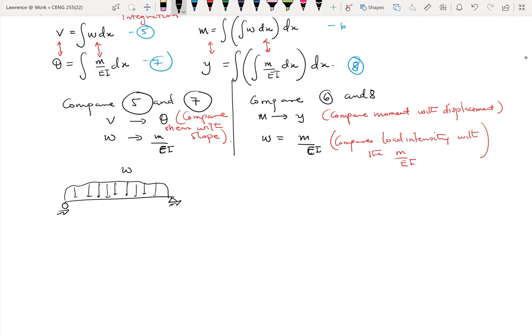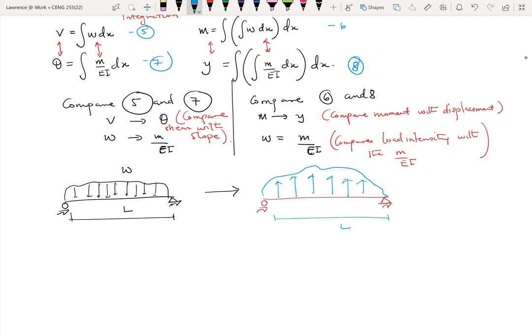So this is W. It means that this beam here, which has W and a length L, ends up giving us another beam with some moment. So this is the moment. Again, this is the same length L. This gives us the moments diagram, or the M over EI. So this diagram is M over EI.